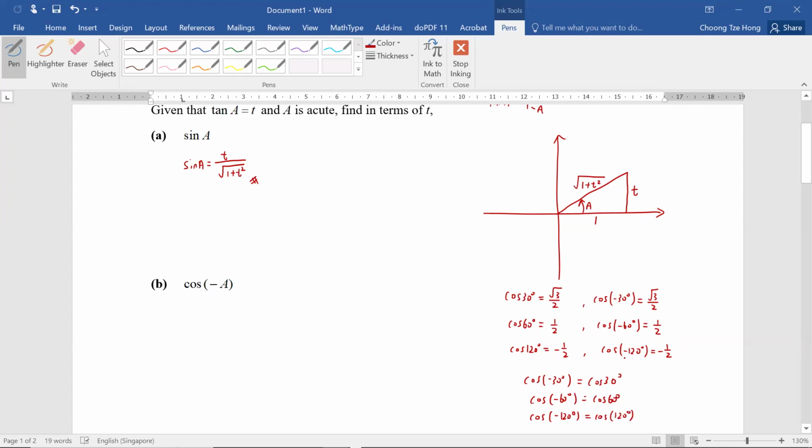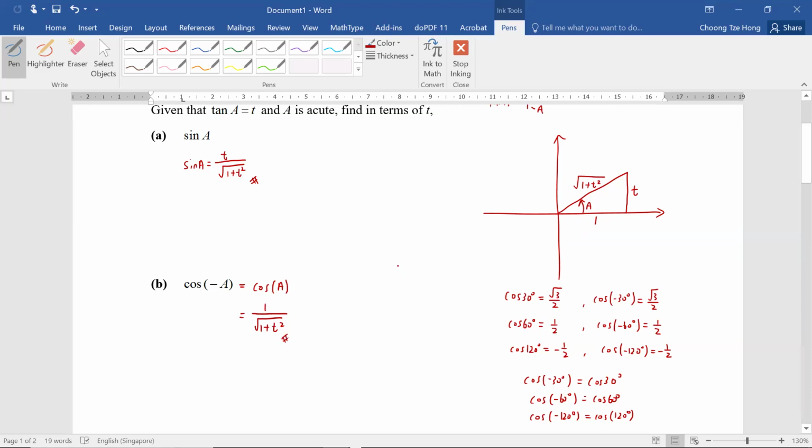So this means that cosine negative A should have the same value as cosine A, which means we can get the answer from our diagram. Cosine A, cosine is adjacent over hypotenuse, so the answer will just be 1 over the square root of 1 plus T squared.